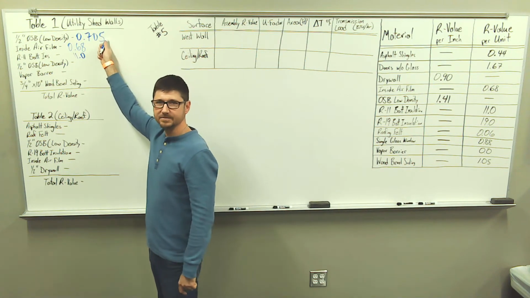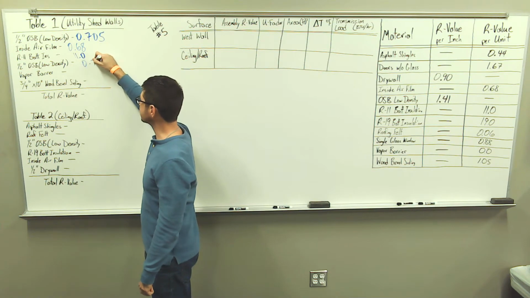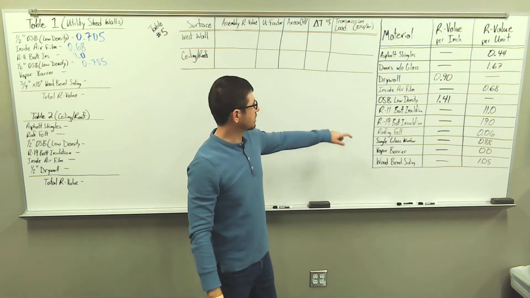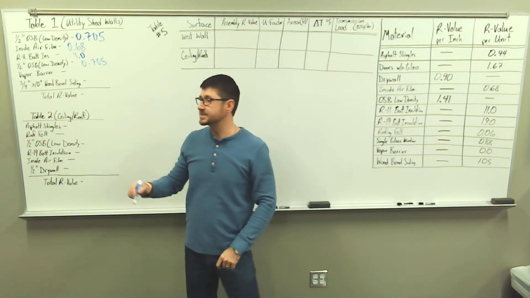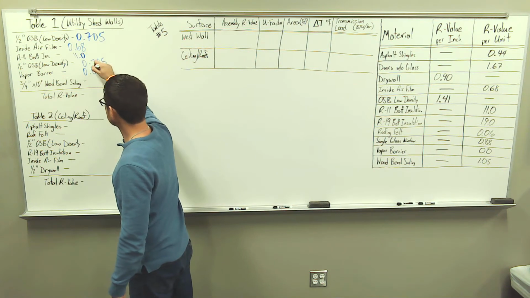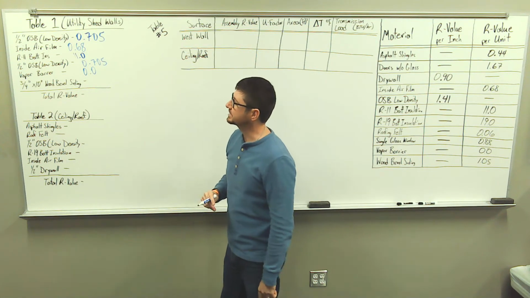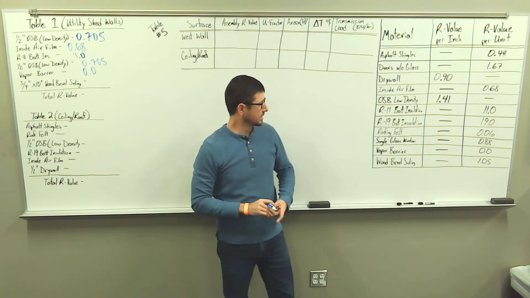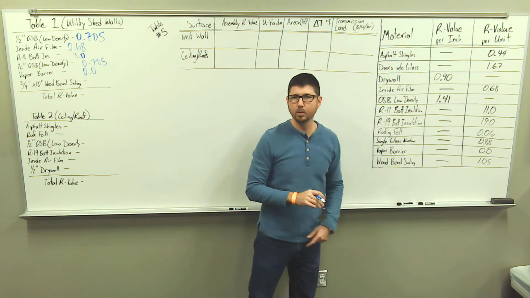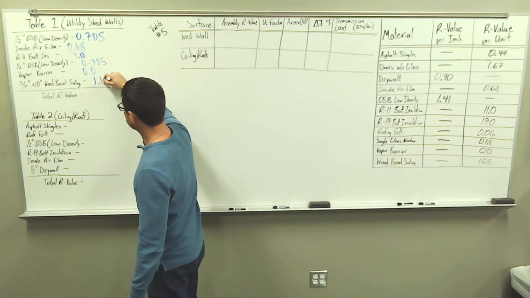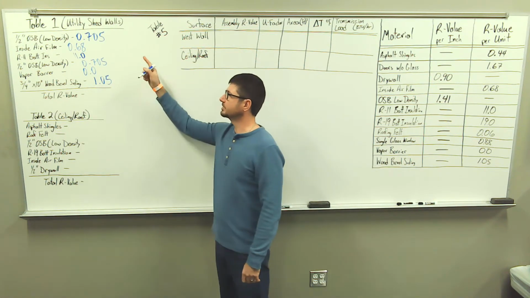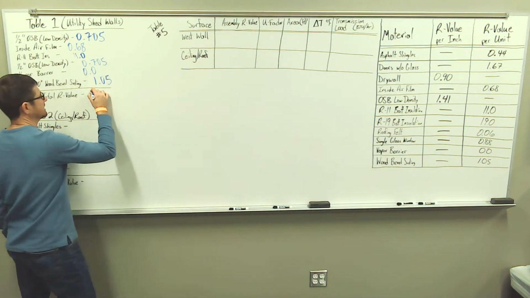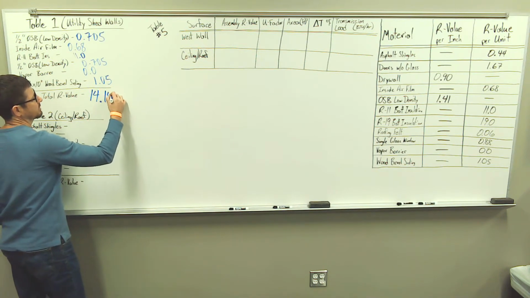Then we have another layer, 1/2 inch OSB, low density. We already have this value here, 0.705. Then we have vapor barrier. On our list of materials, vapor barrier is 0. Then we have a piece of 3/4 inch by 10 inch wood bevel siding, which is 1.05. Now we add all those values up and we get 14.14.